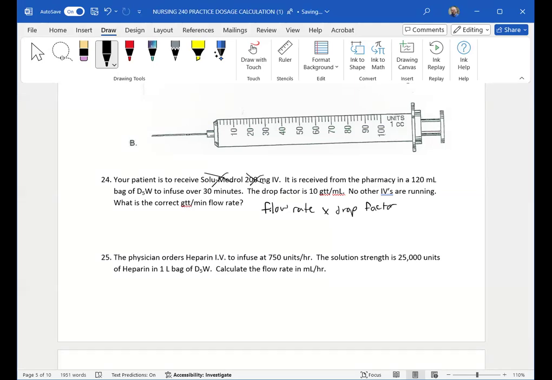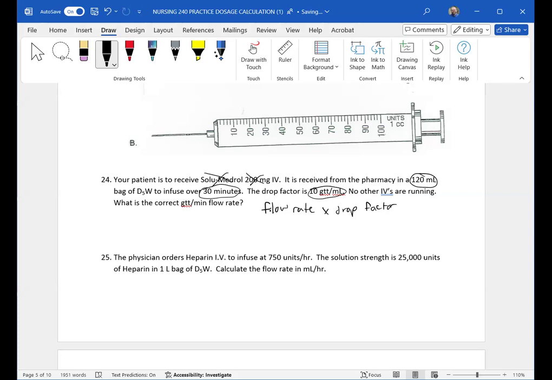You don't want to use those numbers. That's just telling you what's in the bag. That's important, you want to make sure you're administering that clinically correctly. But when we're doing a flow rate, drop rate question, what I need to know is my volume, my time, and my drop factor.